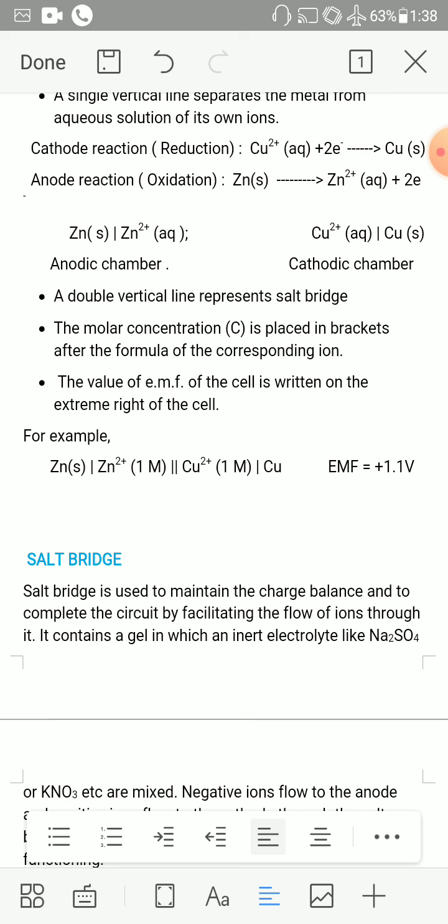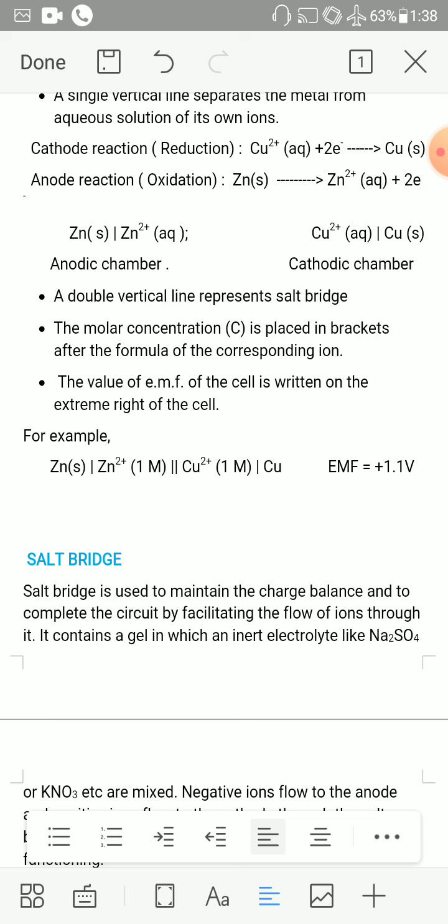And while writing the cathodic chamber or cathodic half cell, you know that at the cathode a reduction reaction takes place, so you have to represent the cathodic chamber in terms of reduction reaction. That is copper 2 plus, one single vertical line, copper, that is, copper 2 plus ion accepts 2 electrons to become copper Cu.